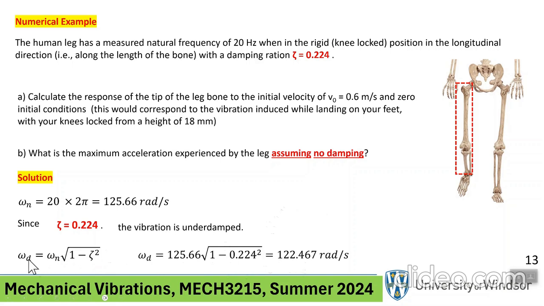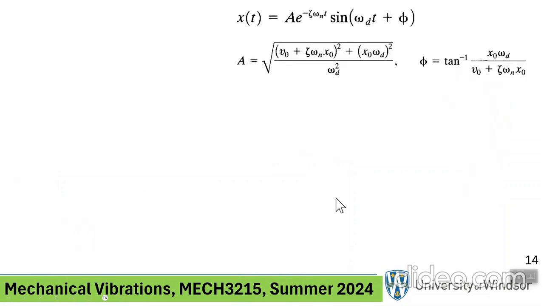Now, notice that the damped natural frequency, the damped oscillation frequency, is going to be smaller, not necessarily always a lot smaller, but smaller than the undamped natural frequency. This is the undamped natural frequency. This is the damped natural frequency. This is going to be smaller than that because that formula says it all. 1 minus something.